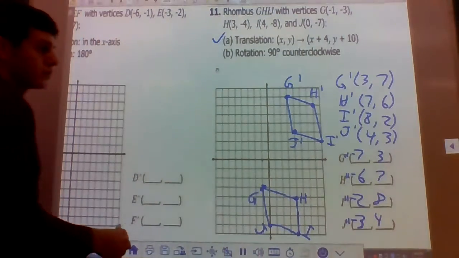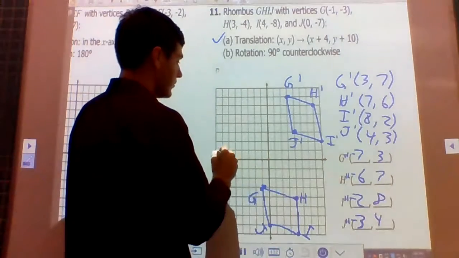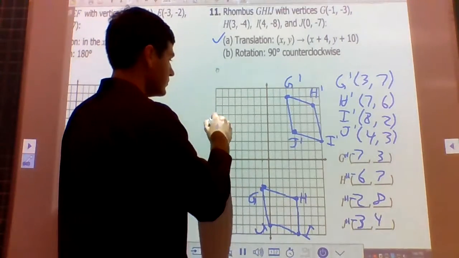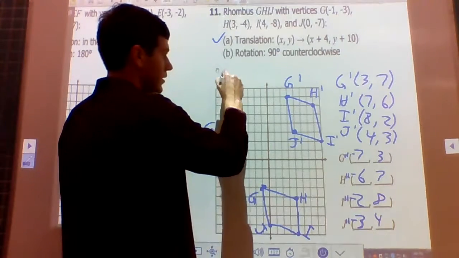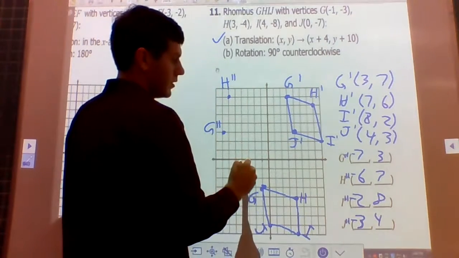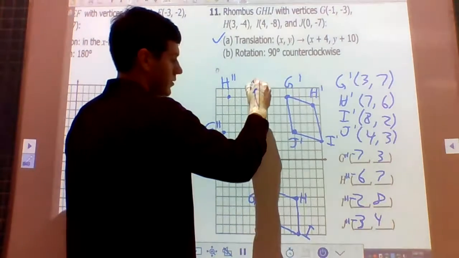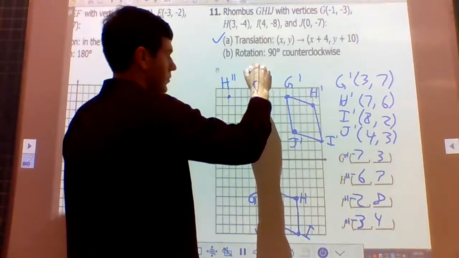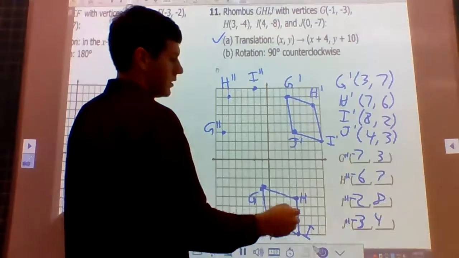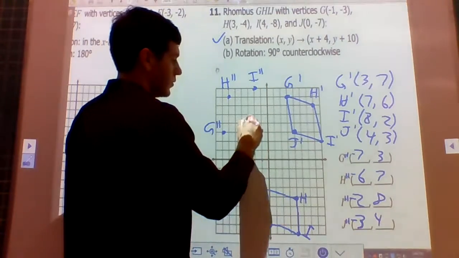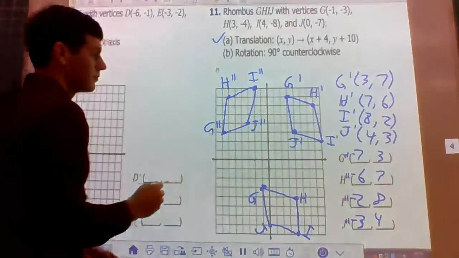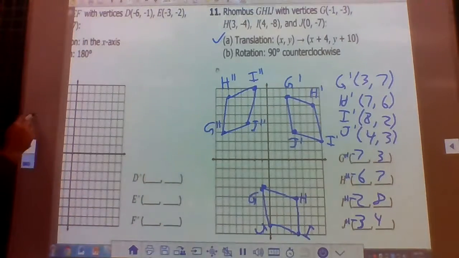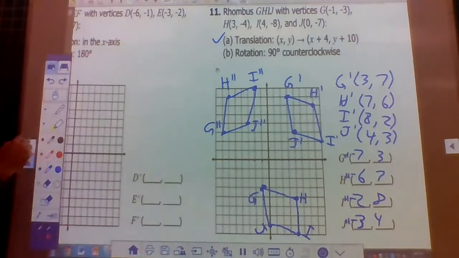So let's graph those. Negative 7, 3 is G double prime, negative 6, 7 is H double prime. Negative 2, 8 is I double prime. And then negative 3, 4 is J double prime. Okay. So notice here how we've rotated.